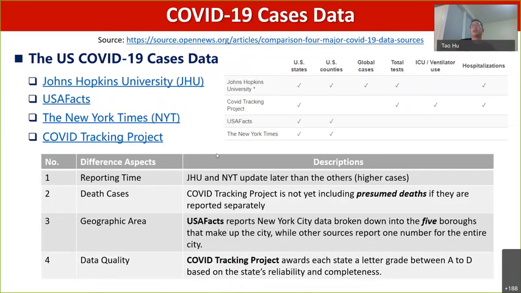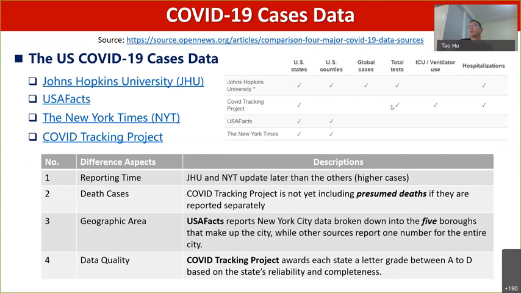And the second data set is the US COVID-19 cases data set. Johns Hopkins University, USAFacts, and the New York Times have similar data sets. They cover the case numbers at both the state and county levels. However, the fourth data set, the COVID Tracking Project, is different. The other three cover just the state-level cases.